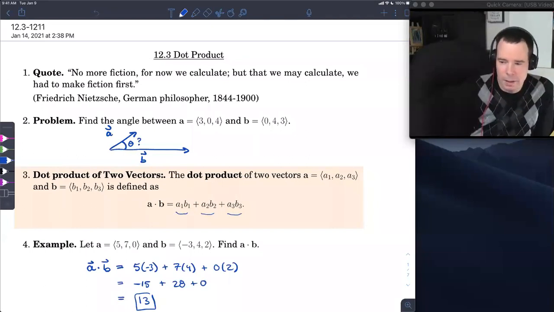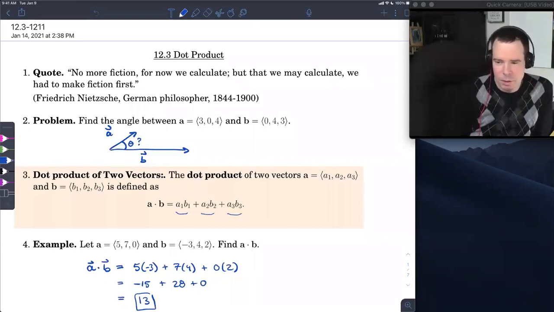The angle is identified between them, and the thing we're interested in is finding out what the measure of that angle is. Now, it's not quite clear with that motivating problem why it's even connected to the next statement, which is about the definition of the dot product of two vectors. But that's the thing we're going to make the connection.